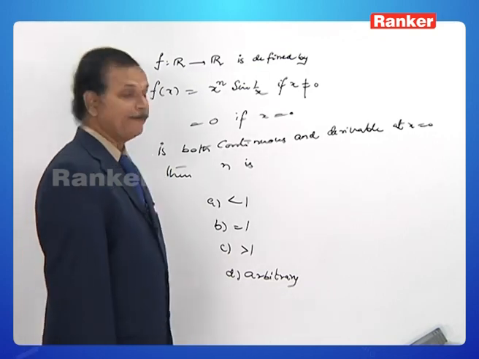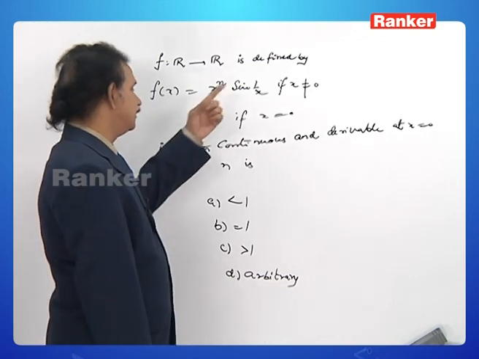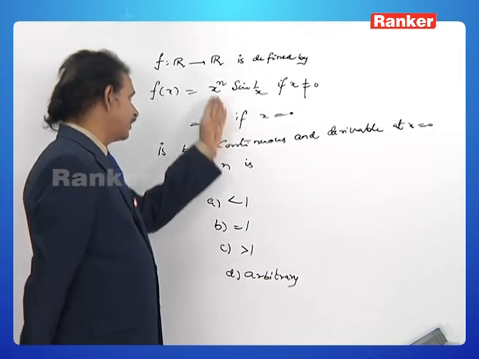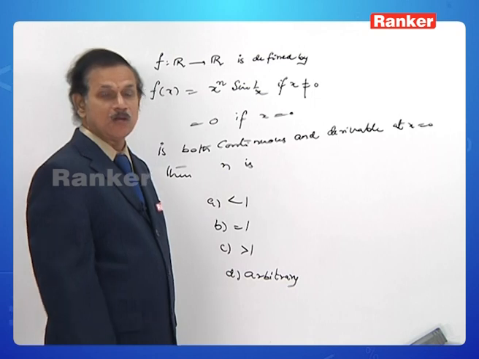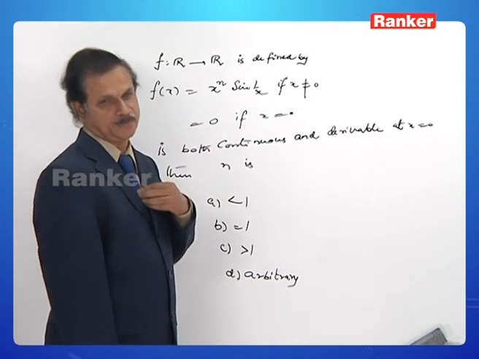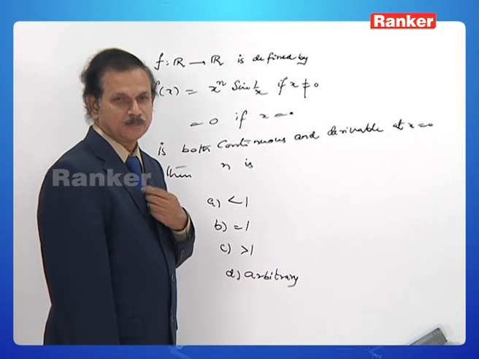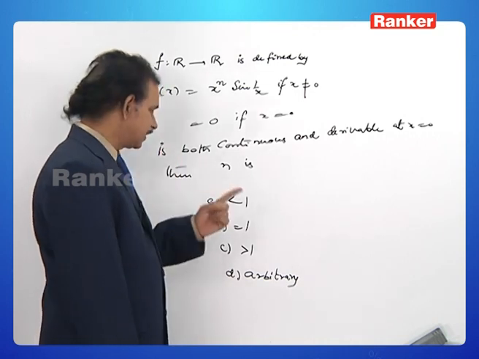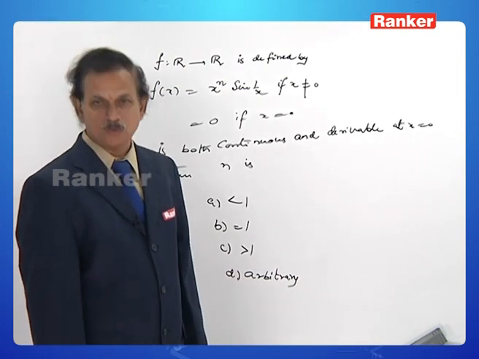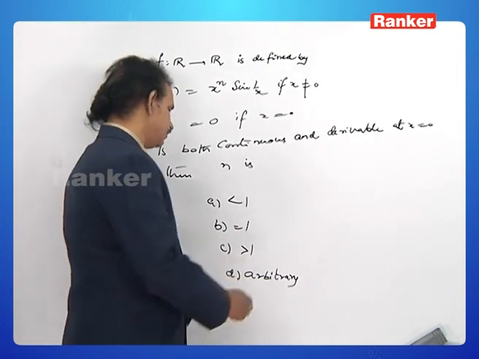Right, you see, if n is 1, then limit exists, it is continuous. If n is greater than 1, then only one x will be cancelled, one x will remain in the numerator, isn't it? It is possible when n is greater than 1 only. Then only it is correct.